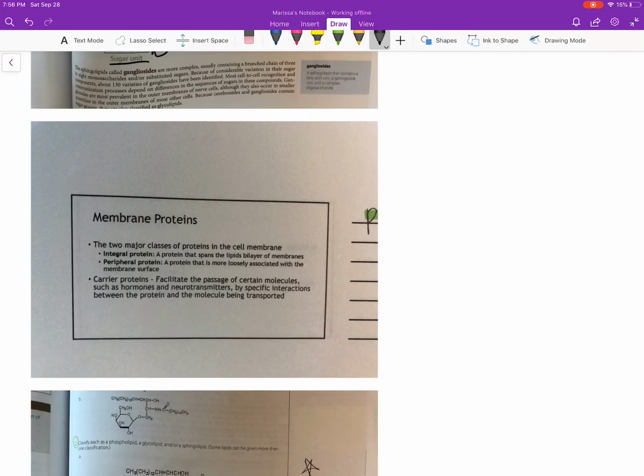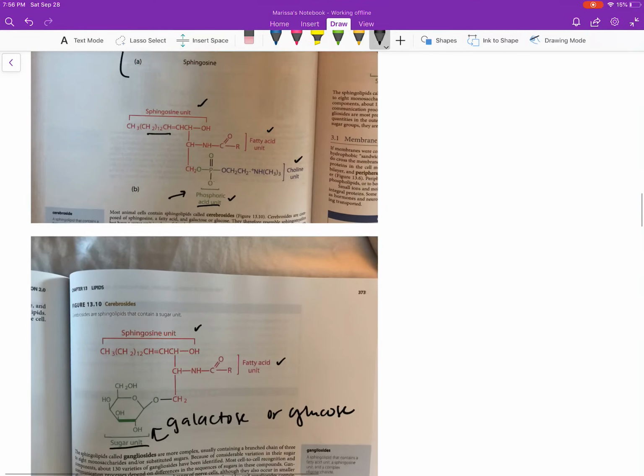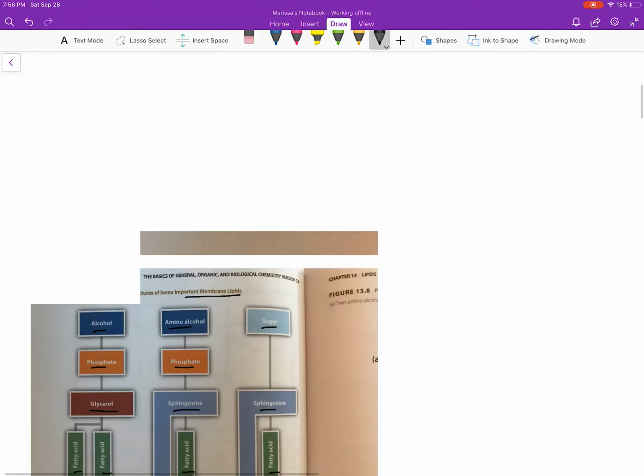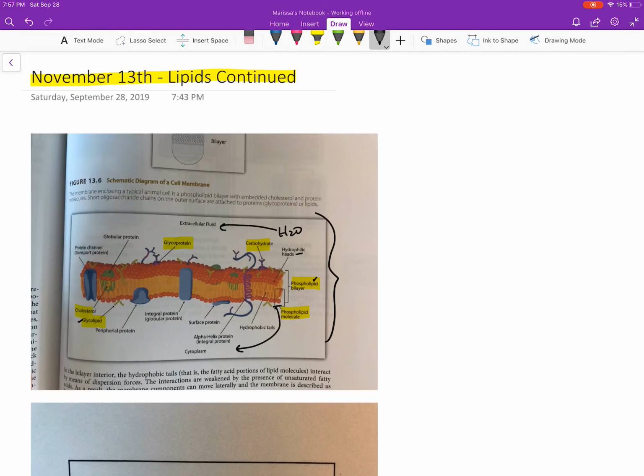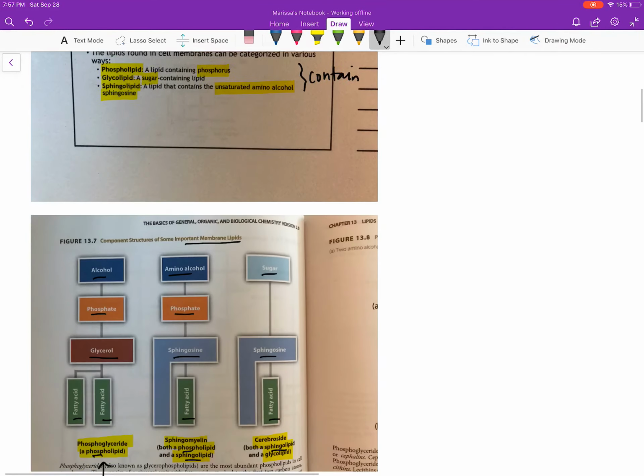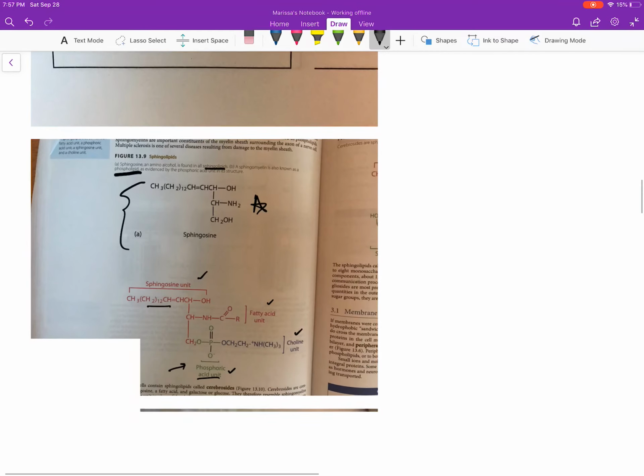All right, so membrane proteins. If we go back up to the top and look at our lipid bilayer, we saw peripheral and integral proteins, surface proteins, and then the globular proteins. And then the protein transport, which we won't see quite yet.